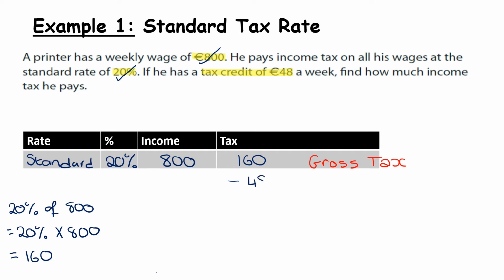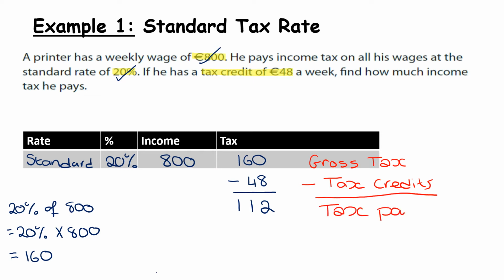So it means he doesn't have to pay the total amount, and we get 112. So we're gross tax, take away tax credits, and that leaves us with what I call tax payable, because that's how much he actually has to pay, and that is how much income tax he pays. So our final answer is 112.